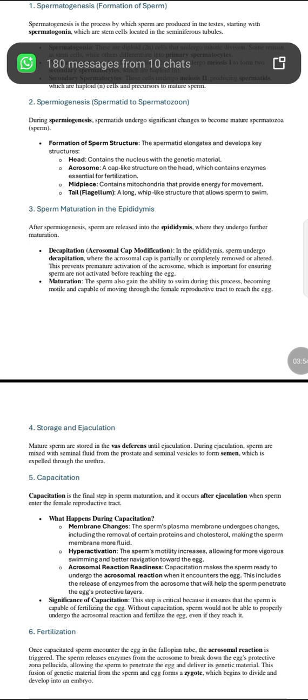During this stage, the spermatids undergo significant changes to become mature spermatozoa, which is sperm. For formation of the sperm structure, the spermatid elongates and develops key structures. We've got the head, the acrosome, the midpiece, and the tail.